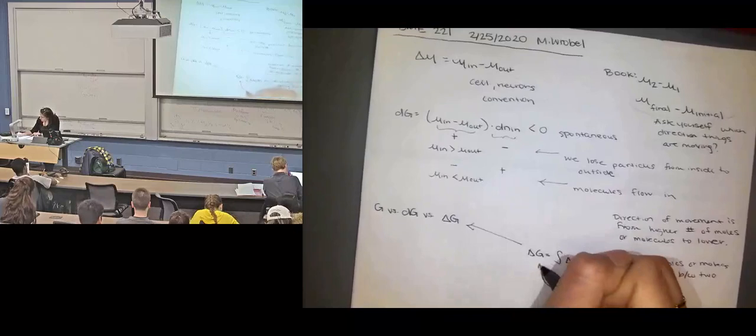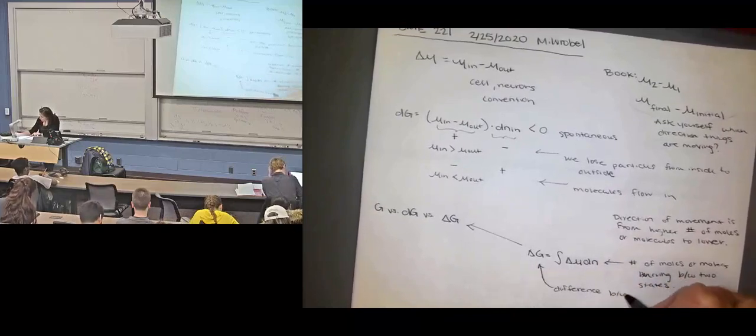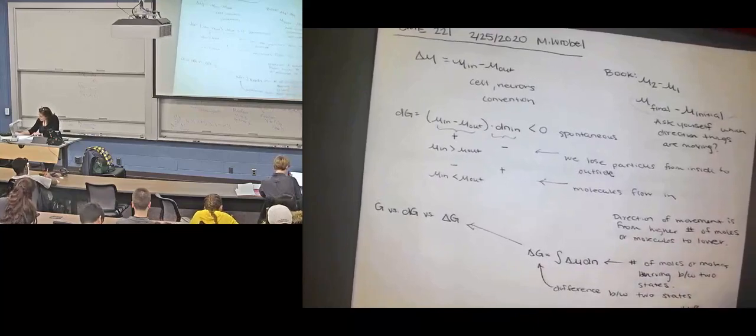This is a difference between two states, meaning these could be solutions A and B, depending on the narrative of the problem. These could be the inside and outside of a neuron. These could be across a semi-permeable membrane.